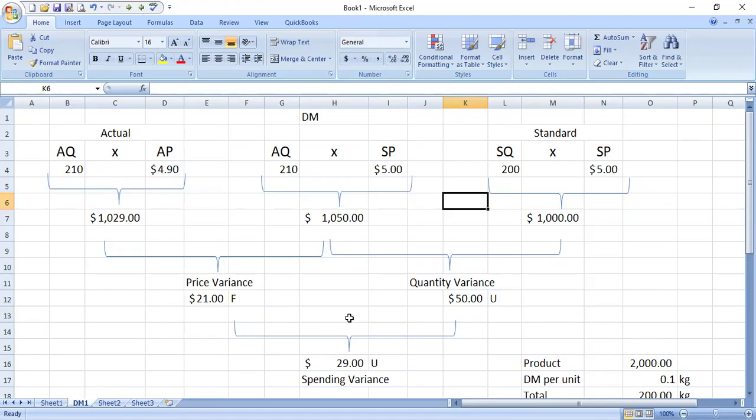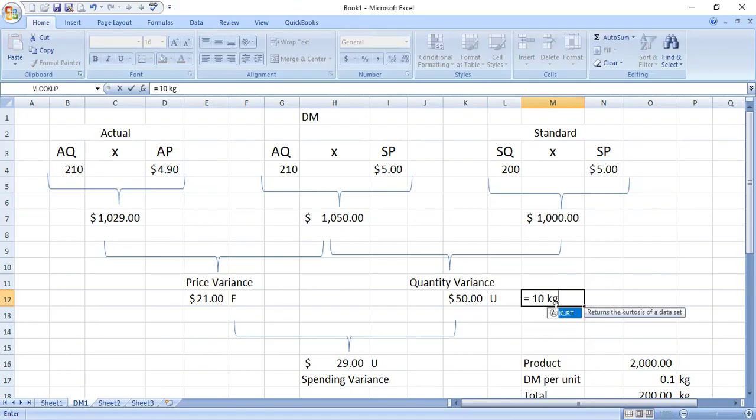How much are they paying per kilogram? So it's $5 per kilogram. So where we get the $50 is from the difference of 10 kilograms times $5 per kilogram. Does that make sense now? Yeah.